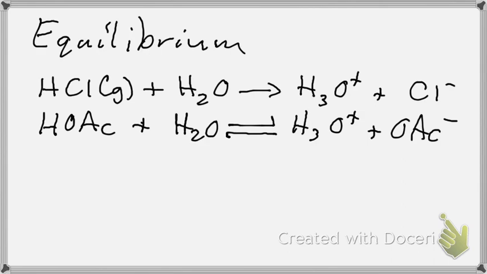In the first case, essentially all of the HCl in water goes to hydronium plus chloride ion. And this is the difference between, in the first case, a reaction that goes to completion, and in the second case, a reaction that is in equilibrium. Now, one thing I want to emphasize here is that the first reaction does not go completely 100% from reactants to products.